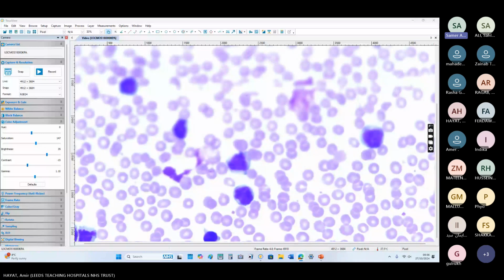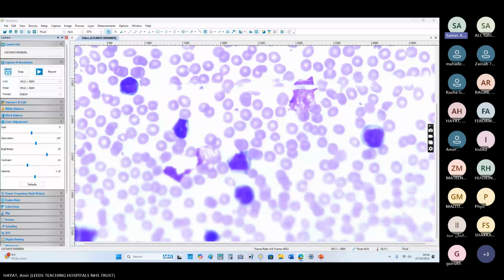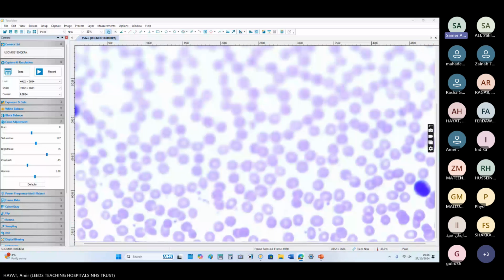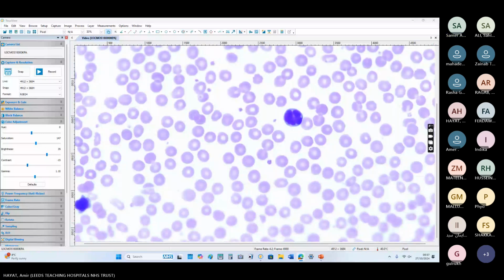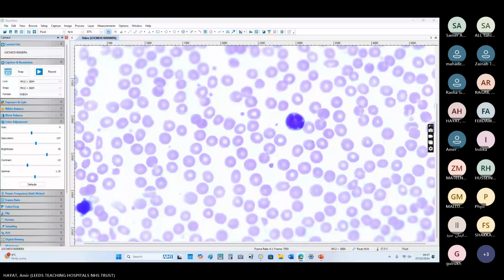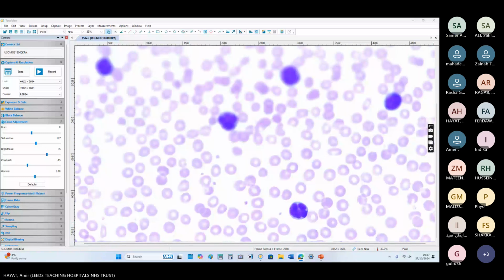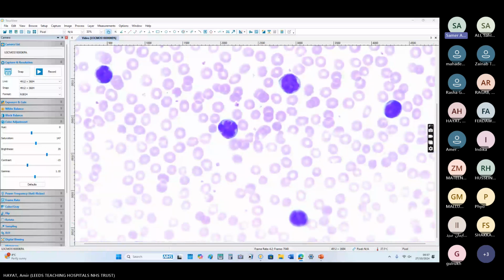Some have a condensed chromatin and a high nucleocytoplasmic ratio. Some have prominent nucleoli, and few of them also have deep clefts. And there are some smear cells as well.